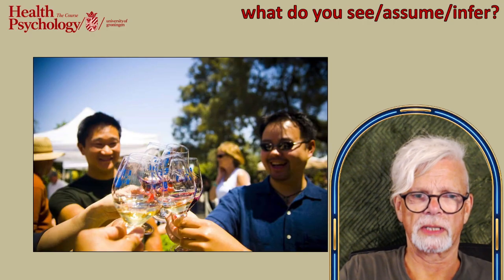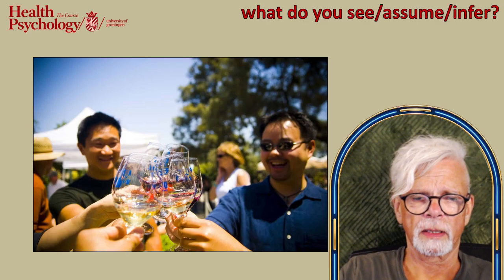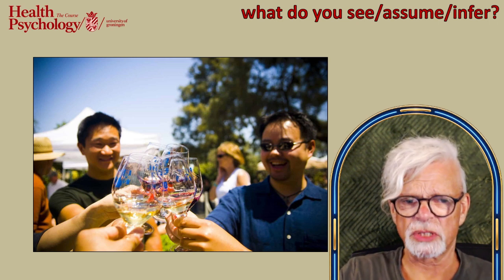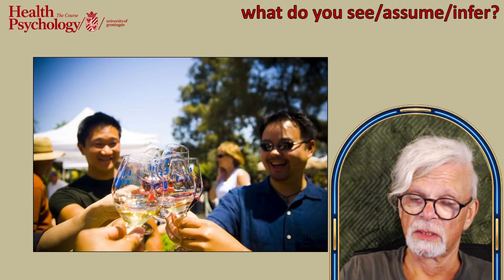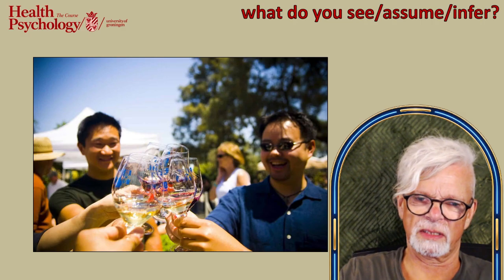What do we see? I see young people who are cheering and drinking alcohol. Well, actually, I don't see that it's alcohol. I assume, to be honest. So when I assume that this is alcohol, and well, it's a wine glass.